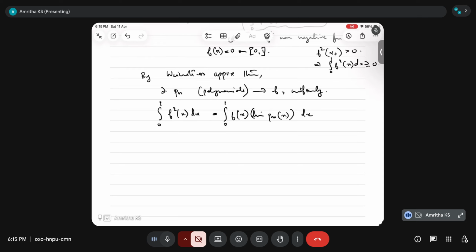I can take the limit outside because of uniform convergence.